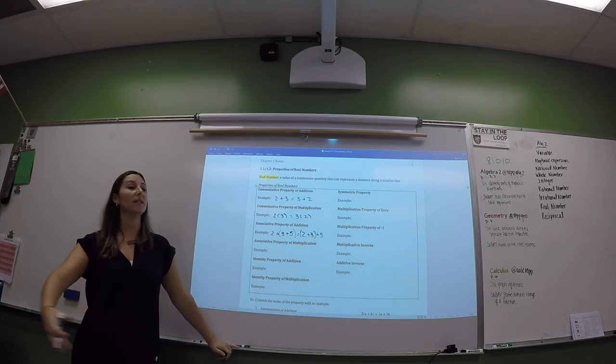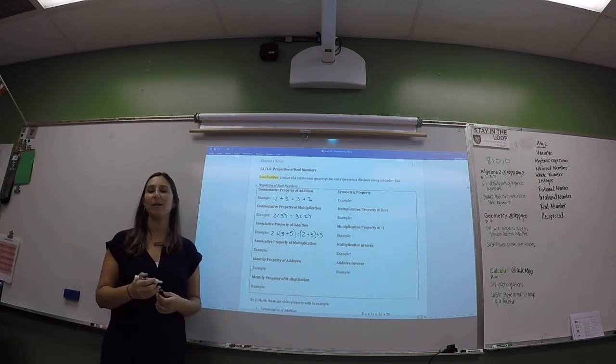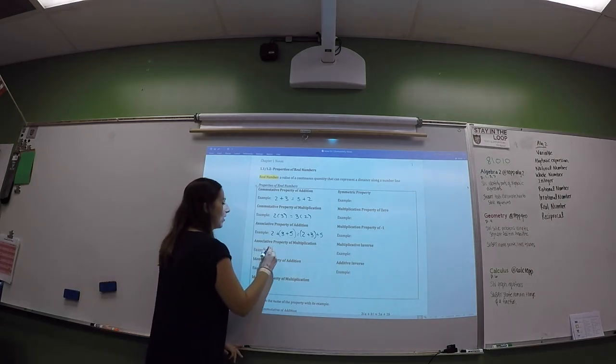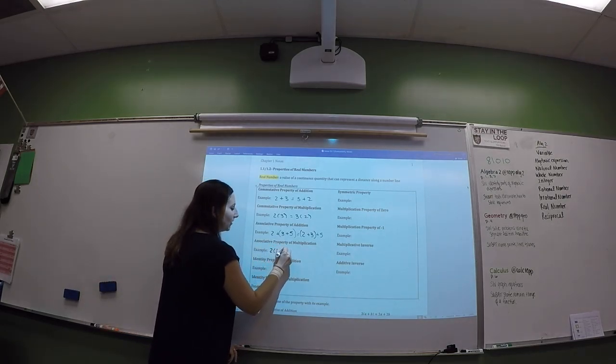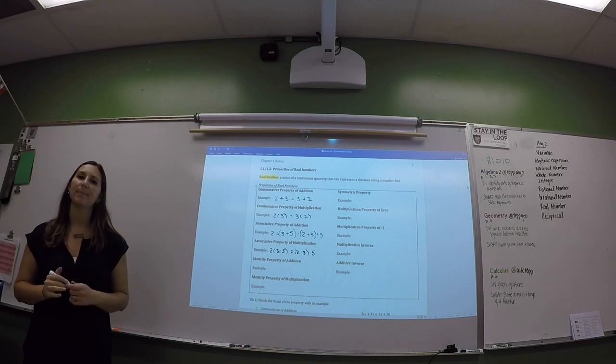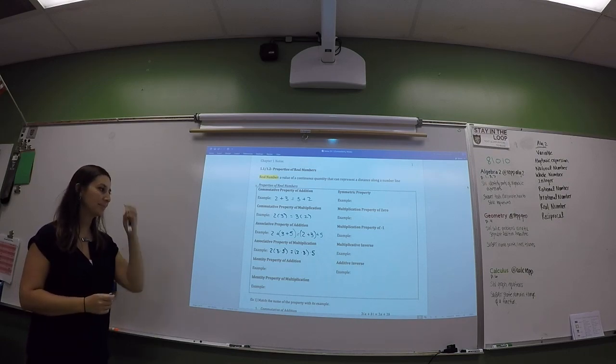Yes, because it's all addition. If I change one of those signs to subtraction, it's not going to be the same. But once it's all addition, or all multiplication, it doesn't matter, right? So both of those things are the same.